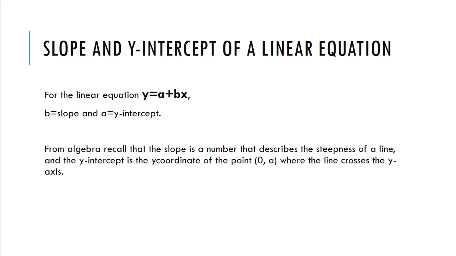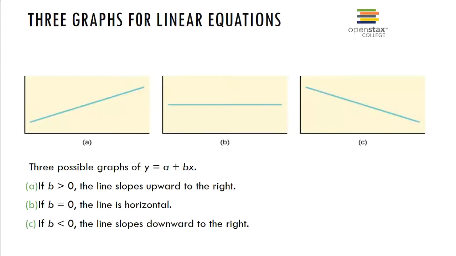From algebra, recall that the slope is a number that describes the steepness of a line, or as many of you say, rise over run. The y-intercept is the y-coordinate of the point (0, a), where the line crosses the y-axis. That means x is 0, and your y is determined where the line crosses.